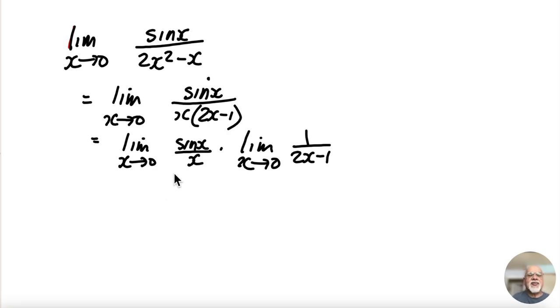And so the limit of the product of two functions is the product of the two limits. We've seen in the previous videos that the limit of sine x over x as x goes to 0 is just 1. And this one, as x goes to 0, I can actually make the substitution, so this becomes 1 over negative 1. So we're multiplying those two. And so the answer is negative 1.